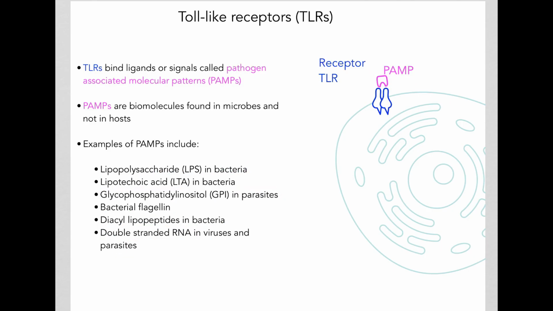So this is how cells of the innate immune system, such as neutrophils or macrophages, can recognize these PAMPs that are present on pathogens by using their toll-like receptors. So we see this PAMP binding to TLR.